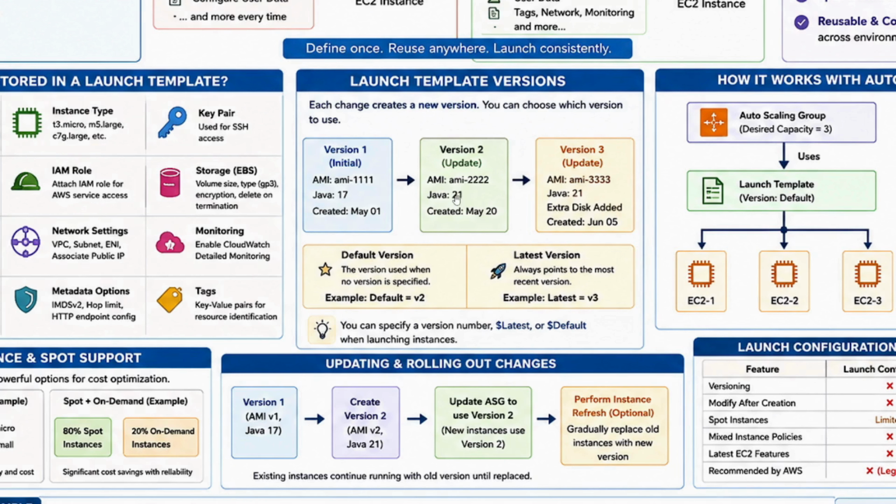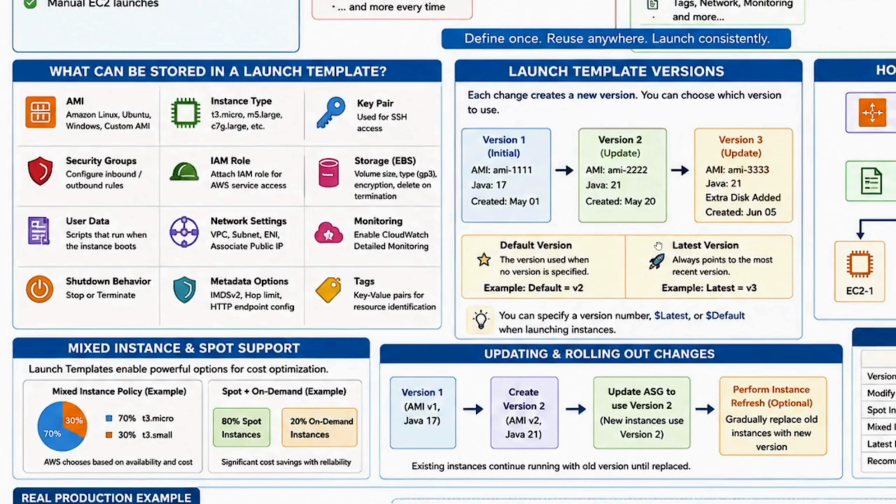And what I get is basically a new version, and the Java is 21 now. And then say again version 3 with the same Java 21, but I added extra storage. So you can have multiple kinds of versions. You can set one of the versions as your default version, and you can change it at the time of launching the instance.